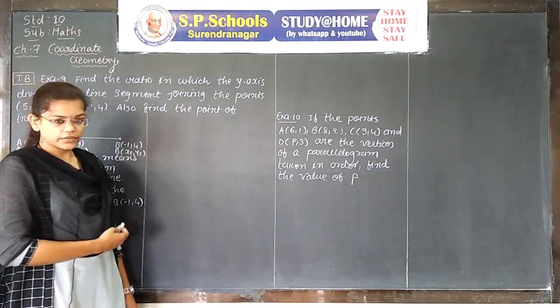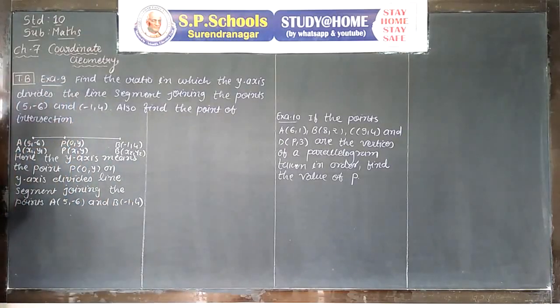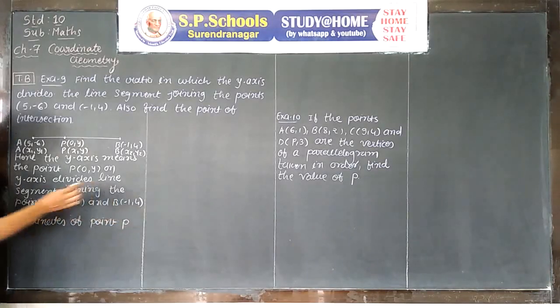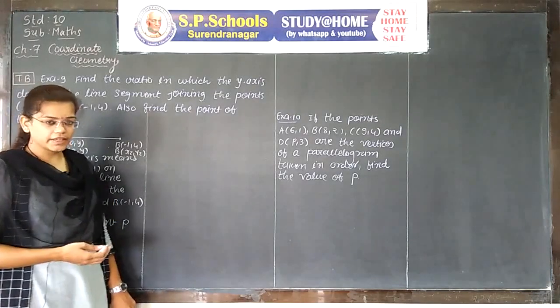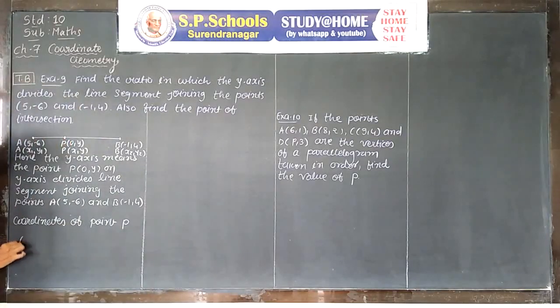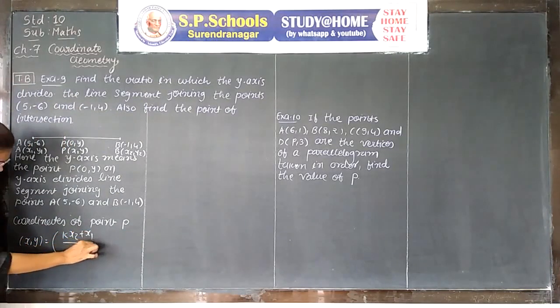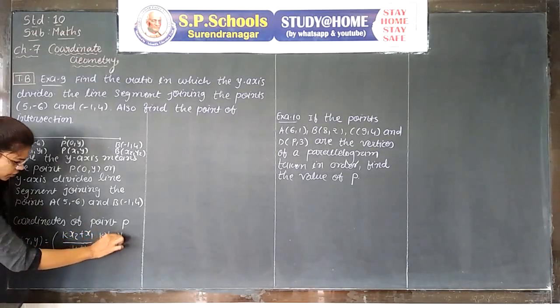We know the x coordinate which is 0 but we don't know the y coordinate. First of all, we have to apply the formula to find the coordinates of point P. We don't know the ratio, that's why we can apply the formula in the form of k. x, y is equal to (k x2 plus x1) upon (k plus 1), (k y2 plus y1) upon (k plus 1).